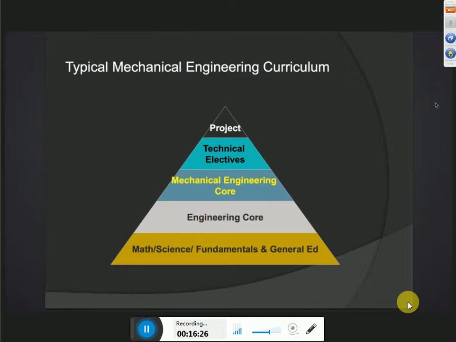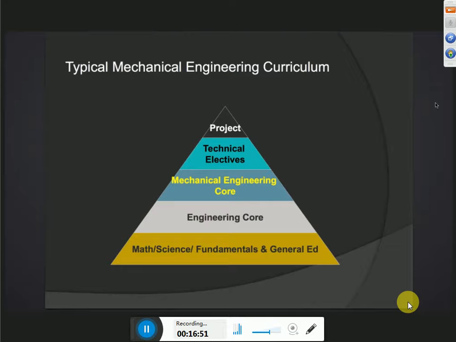So at the broad base of the pyramid, you got math, science, fundamentals, English, language, and then the humanities, social sciences, and they also continue in the engineering core subjects, and then we're going to different specialized areas, mechanical, electrical, civil, and then we got within those technical electives, and then a capstone project.